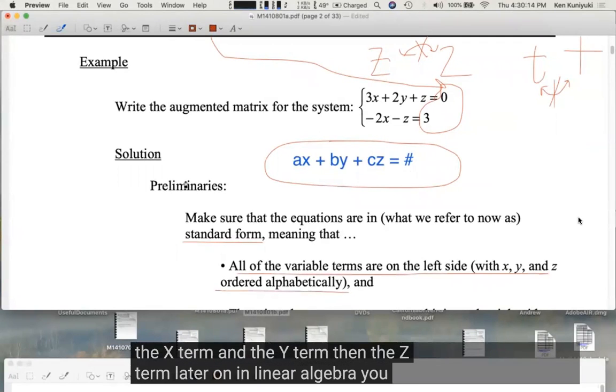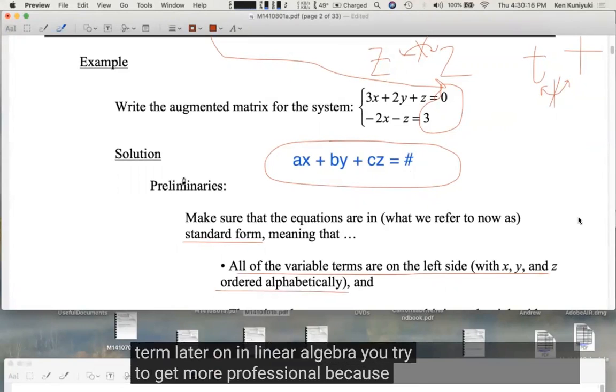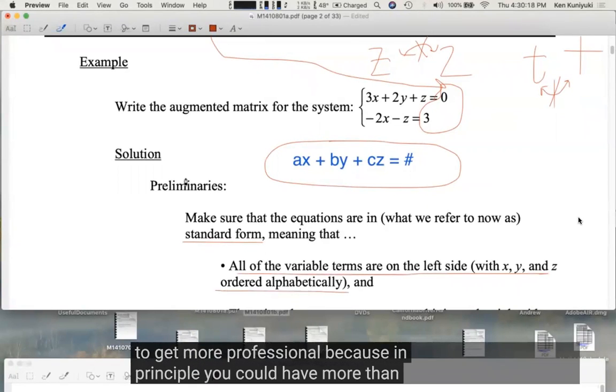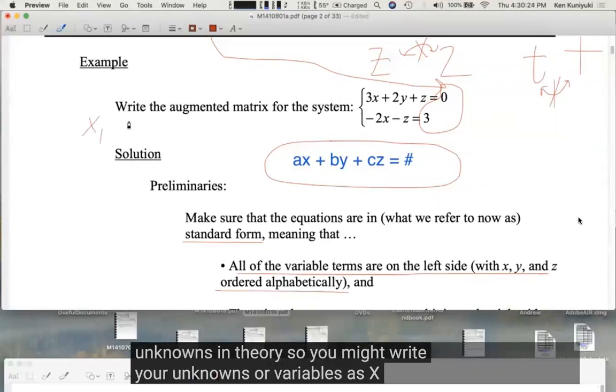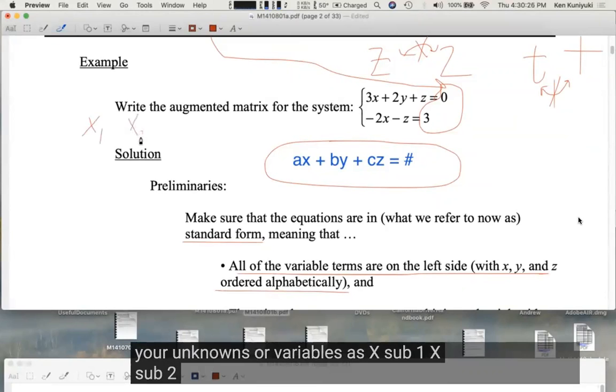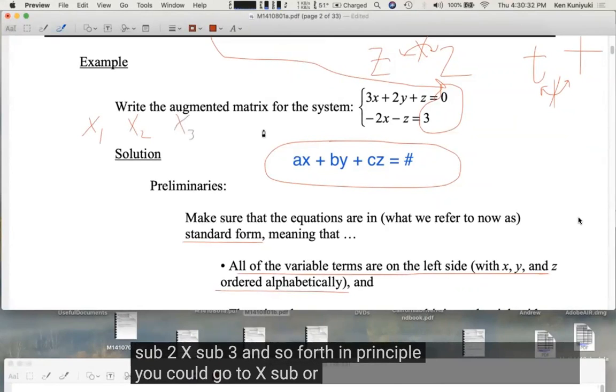Later on in linear algebra, you try to get more professional because in principle, you could have more than 26 unknowns in theory. So you might write your unknowns or variables as x sub 1, x sub 2, x sub 3, and so forth. In principle, you could go to x sub 1,000 or whatever.